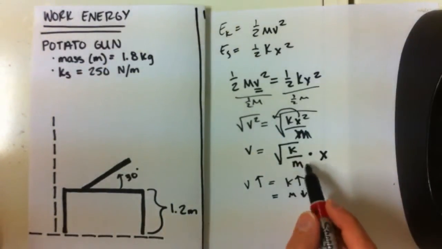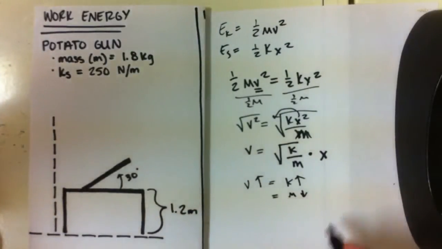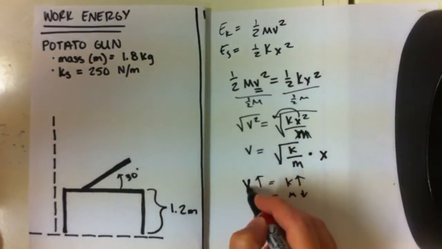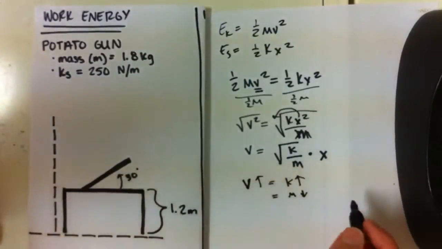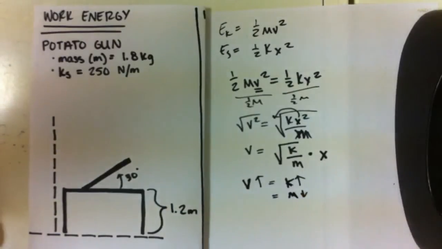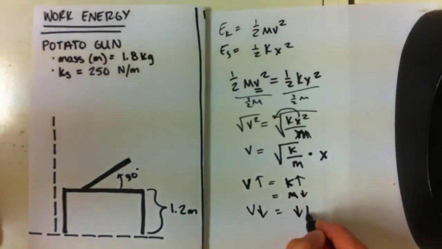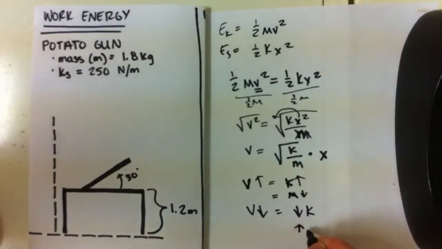So a decrease in this will make this entire thing bigger. So those are the variables along with velocity. If you want a large velocity, you increase k, you decrease your mass. If you want a smaller velocity, then you decrease your k and you increase your mass.